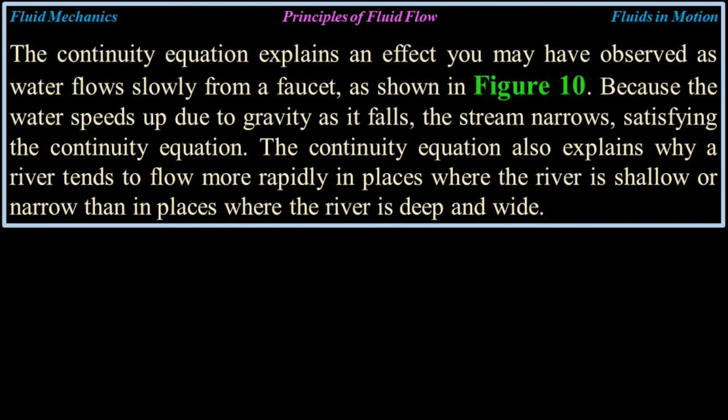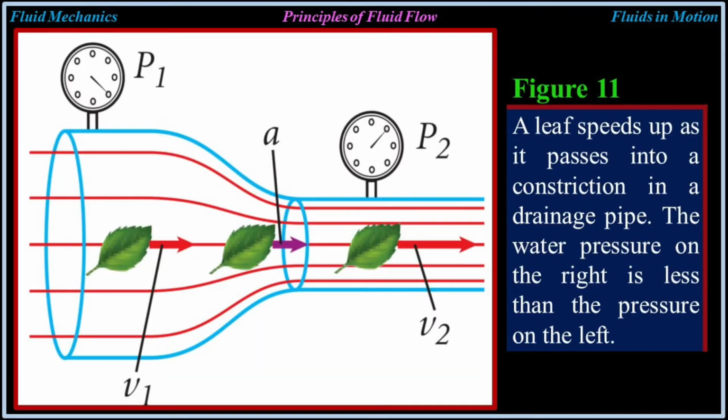The continuity equation also explains why a river tends to flow more rapidly in places where the river is shallow or narrows than in places where the river is deep and wide. Rivers run deep.